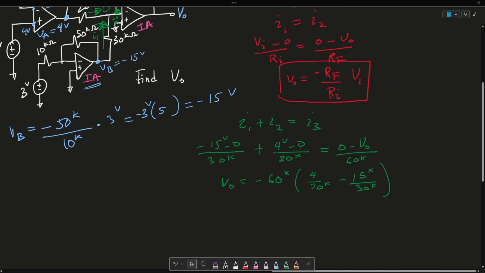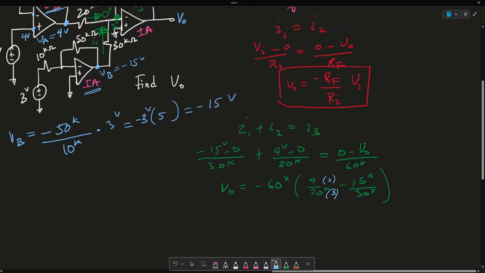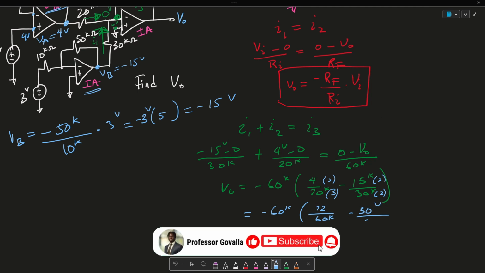If I go ahead and multiply this here by 3 and 3, and multiply this by 2, this then becomes minus 60K times 12 over 60K minus 30 volts over 60K. That's 12 volts.